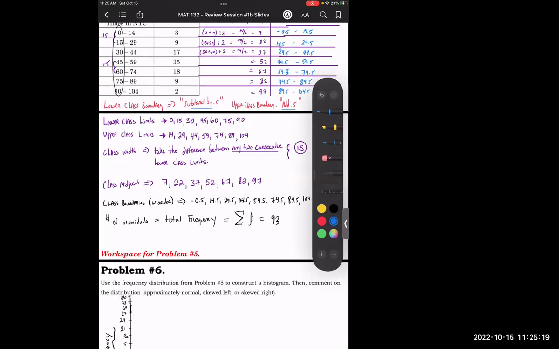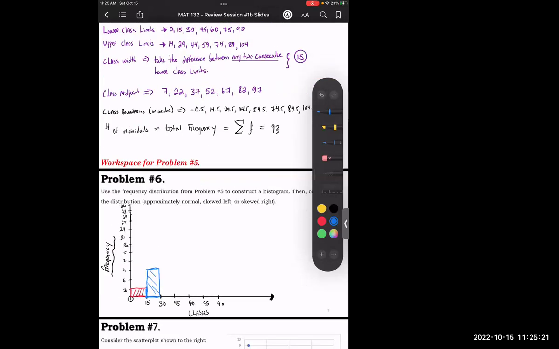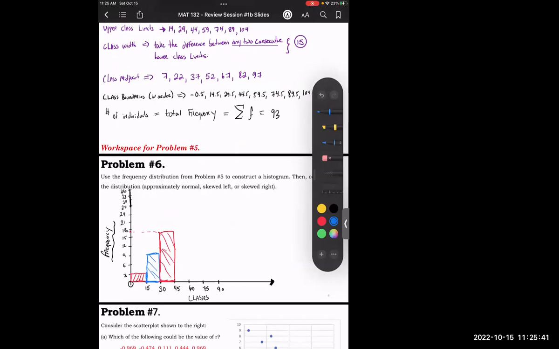The next one has a frequency of 17, so that'll be a little bit under the 18 mark. Then the next one, we go all the way up to 35.